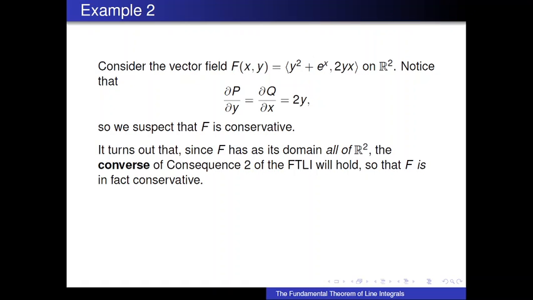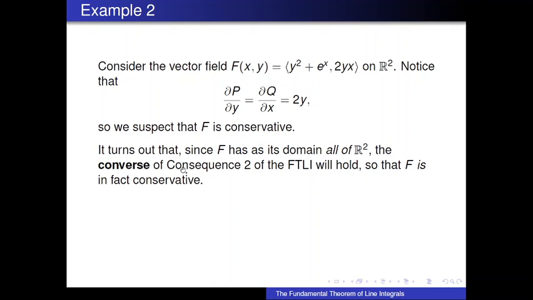Now, I will say that that comes with a kind of a big asterisk on it. If our vector field has its domain as all of the plane, so there are no little holes in the domain or anything, then the converse of consequence 2 will hold, so that we can use this equality to imply that F is in fact conservative.